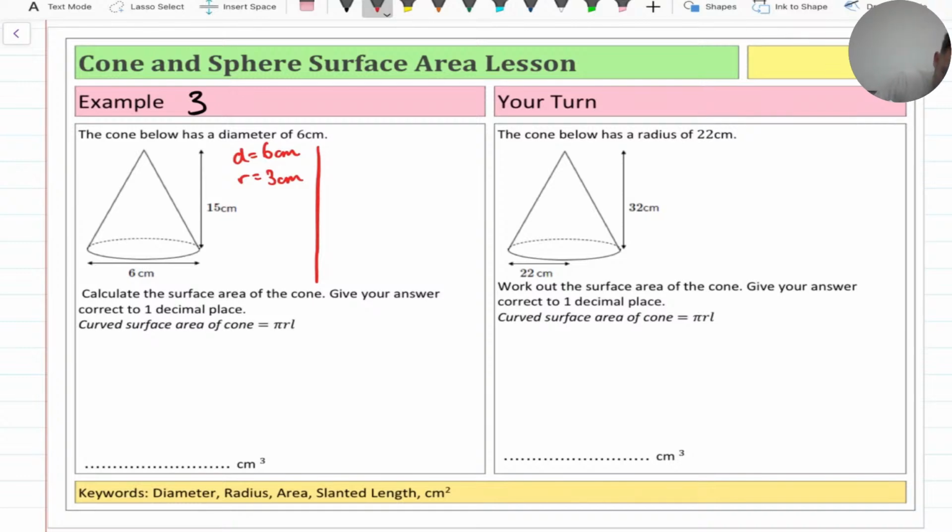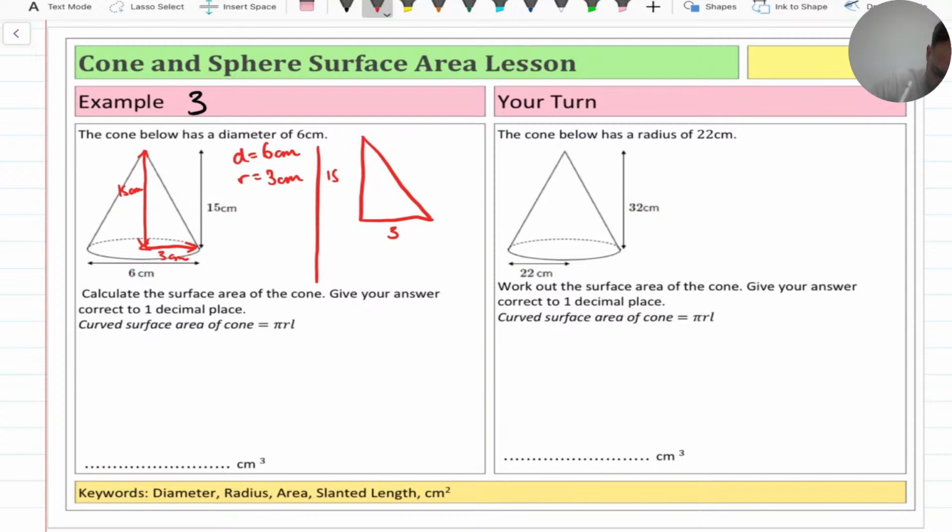So I know that from this part here to this part here is 3 centimetres. I know that this vertical height here is 15 centimetres. This gives me a right angle triangle like so, where the height is 15 and the base is equal to 3.